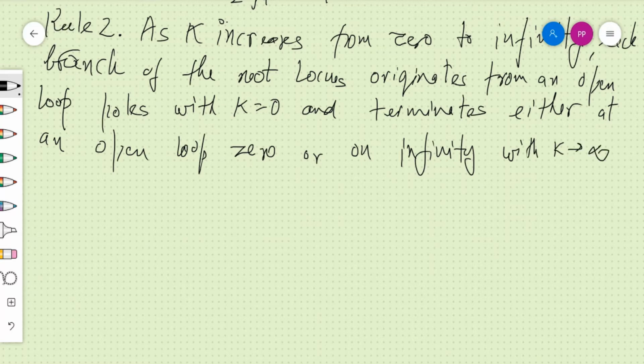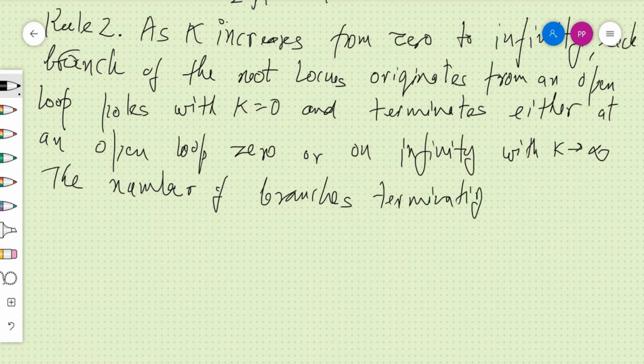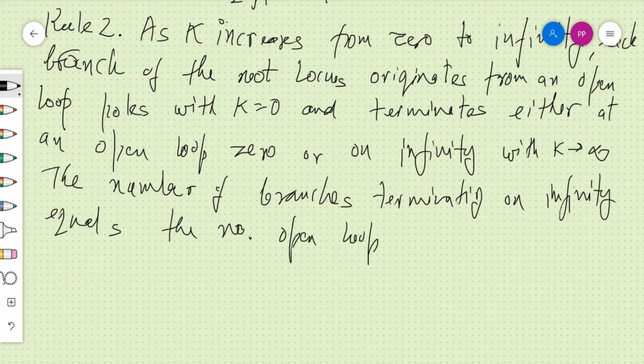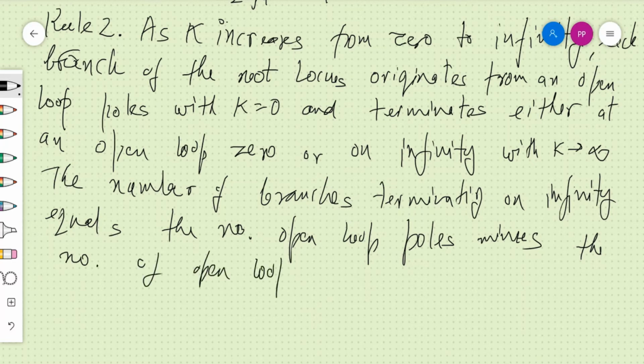The number of branches terminating on infinity equals the number of open loop poles minus the number of open loop zeros.